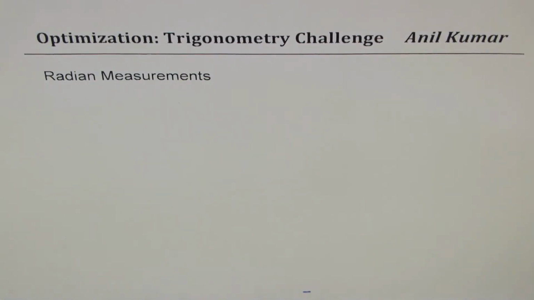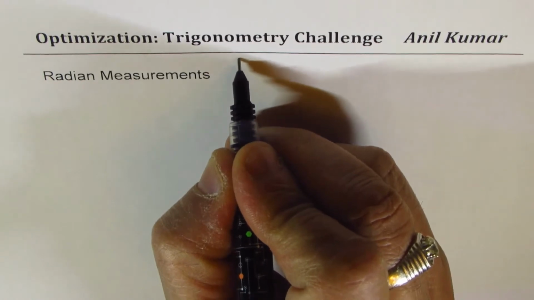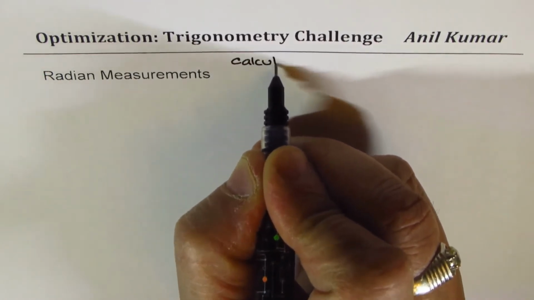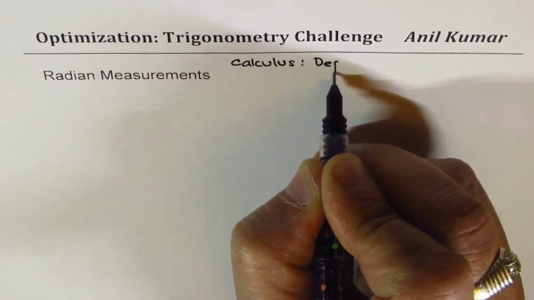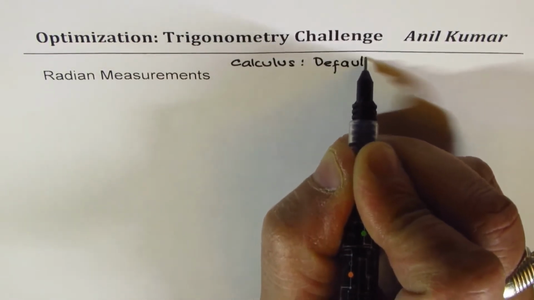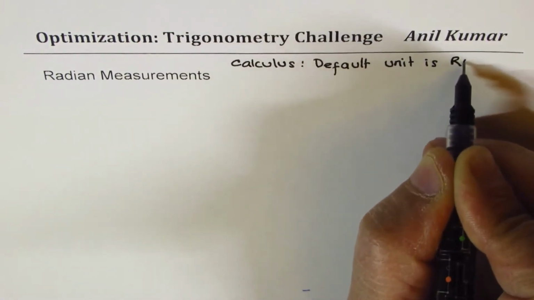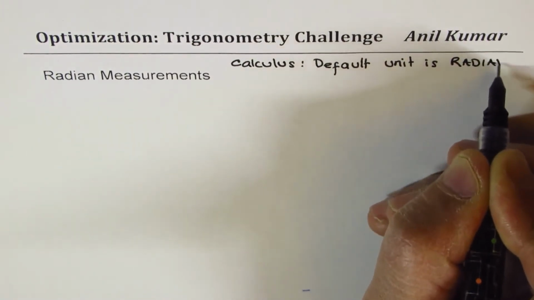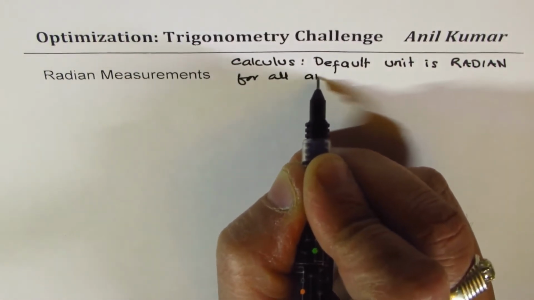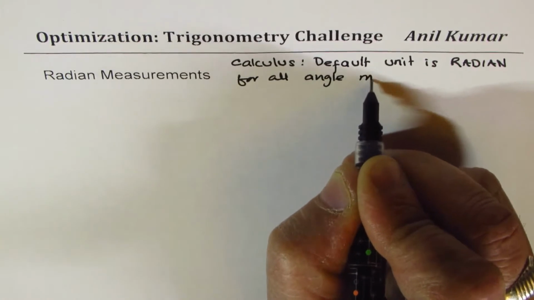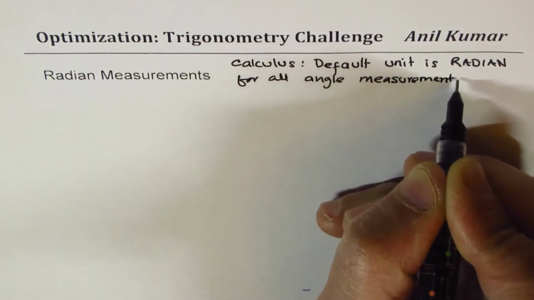Now let's talk about radian measurements. When you are using calculus, the default unit for all angle measurements is radian.